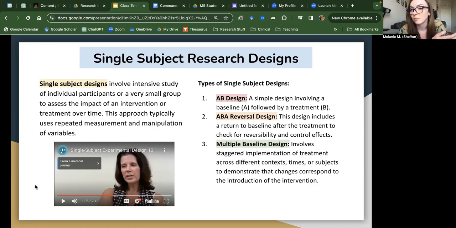Single subject design research tends to be earlier research within a field because it allows for a really deep investigation of one person, but it lets us know what might be important variables when we want to study it with more people. It's also really helpful when getting participants is really hard. So let's say I want to study someone with dissociative identity disorder. I'm going to be really hard pressed to even get one person to do that.